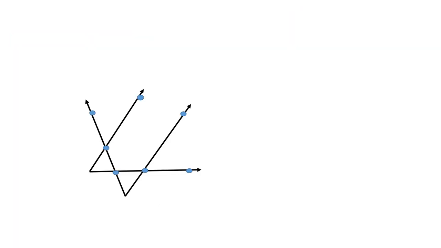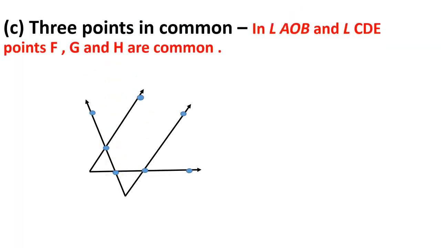Third part is 3 points in common. Now we have to make two angles in such a way that they have 3 points in common. Same angle AOB and CDE. Now see again, where is angle AOB? Now see the angle CDE. Now see, in angle AOB and CDE, F, G and H, these 3 points are common.